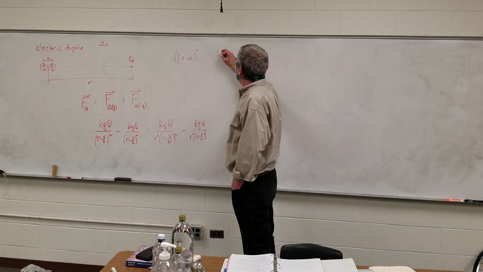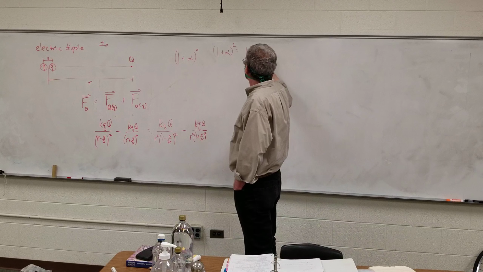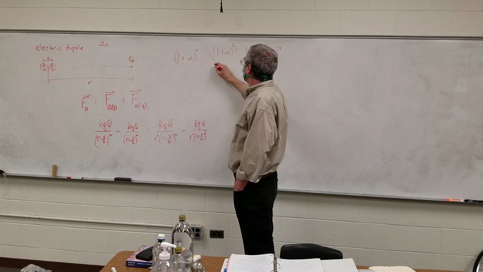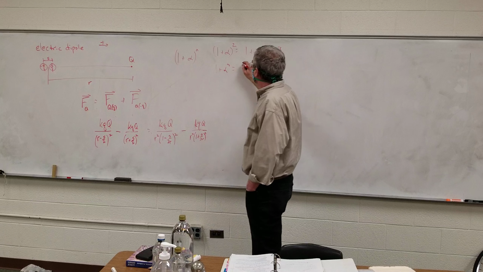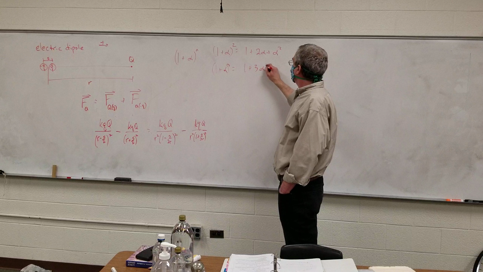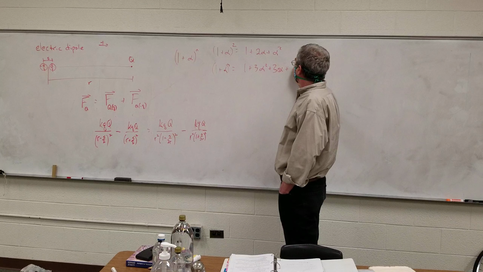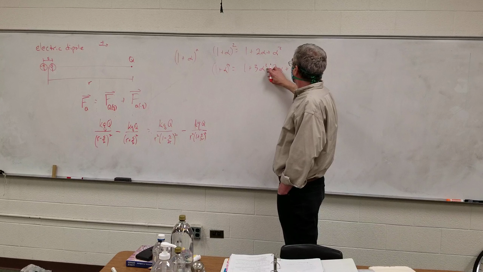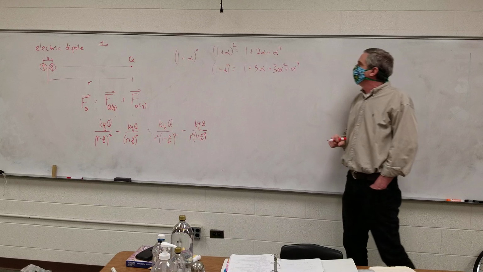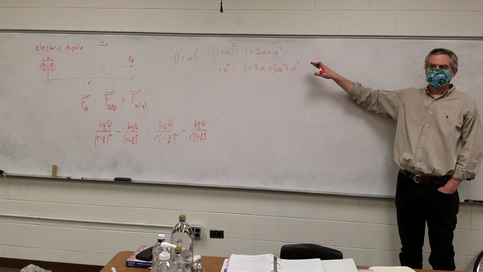Well, if I just did 1 plus alpha squared, that's 1 plus 2 alpha plus alpha squared. 1 plus alpha, the whole thing cubed, is 1 plus 3 alpha plus 3 alpha squared plus alpha cubed, there we go. Binomial expansion, I'm hoping this is familiar to you.